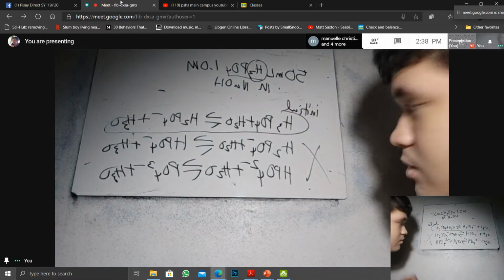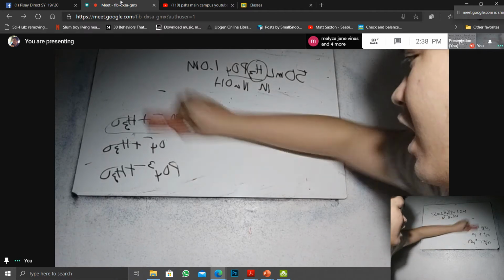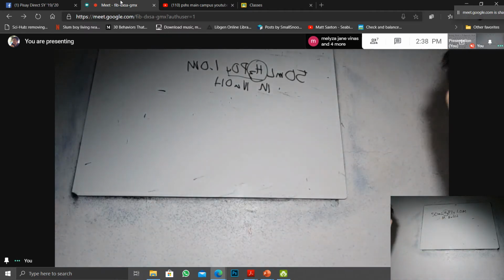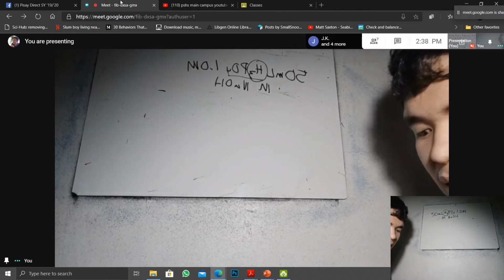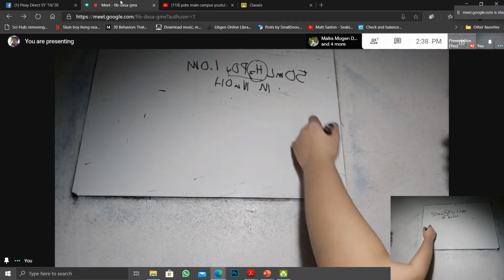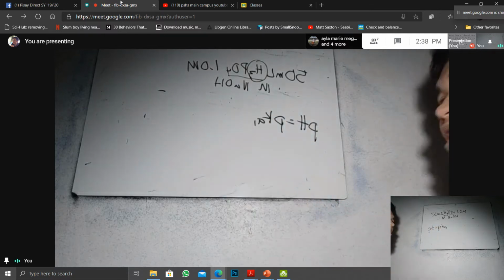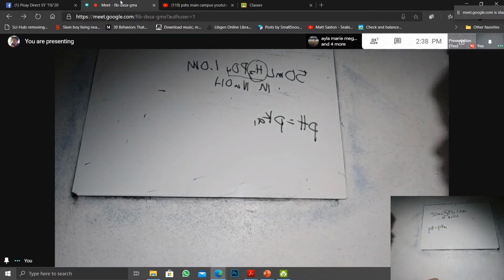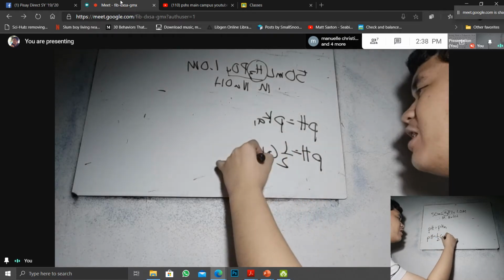Next, at half equivalence point, guys, ang half equivalence point is 1/2 needed to reach the equivalence point. So, pH is just equal to pKa1. At the first equivalence point, tatandaan nyo to 1/2 pKa1 plus pKa2.